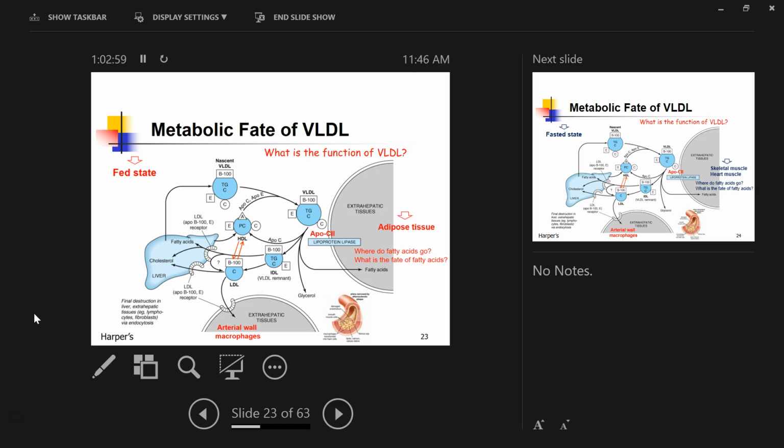Similar to the chylomicron, triglyceride in the VLDL needs to be hydrolyzed by LPL, and it also needs ApoC2 to make the LPL function. So it's a similar process: triglycerides break down and release fatty acids, which are taken up by adipose tissue in the fed condition. Once the fatty acids arrive inside the fat cells, they are resynthesized to triglyceride and stored in the fat tissue.